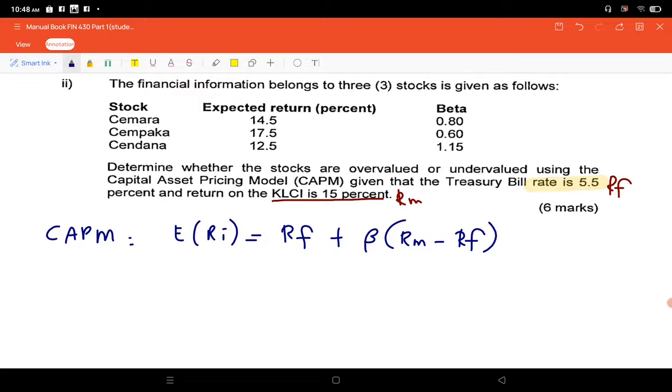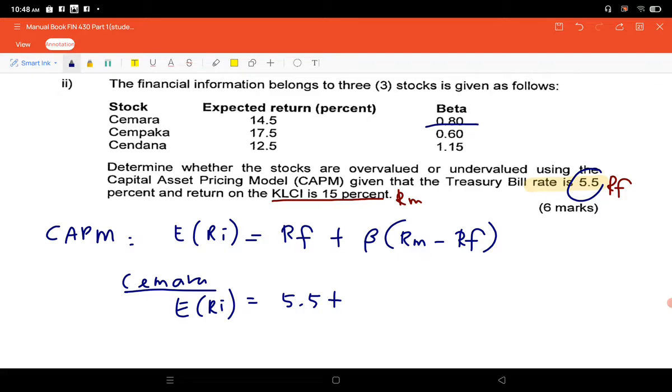So for Cemara, it will be like this. Just follow the formula, it is easy. The risk-free rate is this one, 5.5, plus beta, which is given.